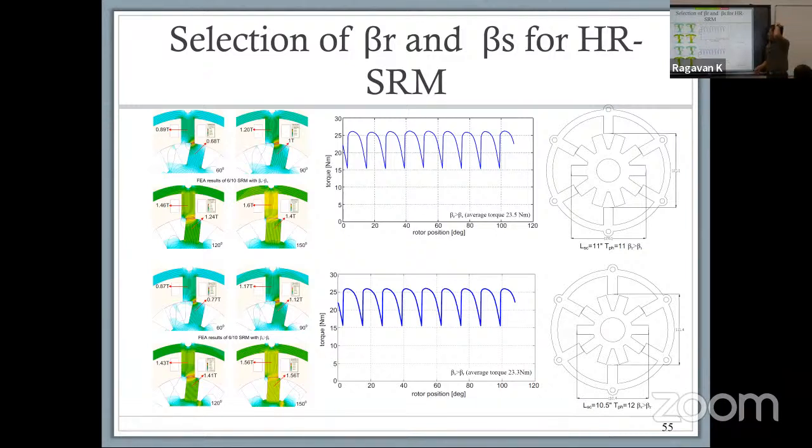What you see here is when you go from beta R larger than beta S to beta S larger than beta R, the average value of torque is not very dramatically different. In terms of the flux density, they are different. If you look at this one here, this is 1.12, this is 1.4, and it becomes 1.56. So there is a difference in the field distribution inside your machine for these two configurations.